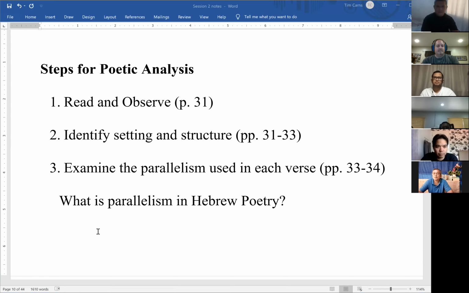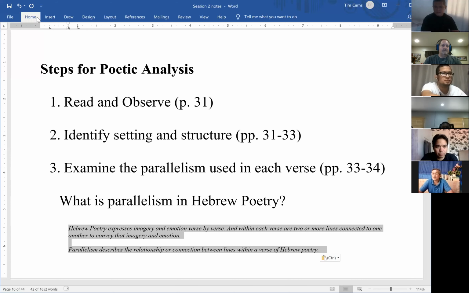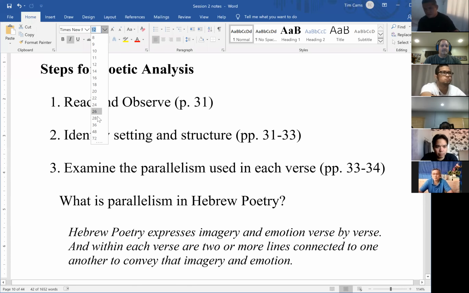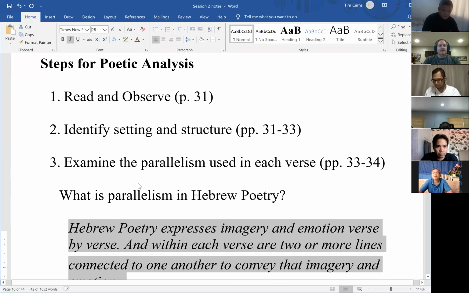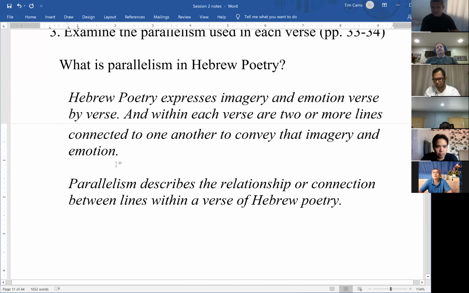I described it in this way. Let me increase the font size here. Yeah, that word connected is probably a good word to use. Relationship. It's the relationship between the lines.